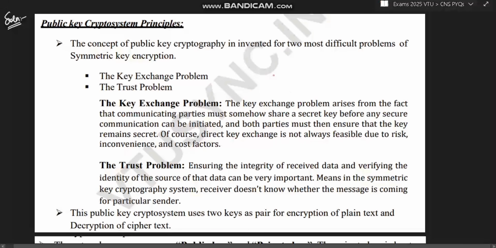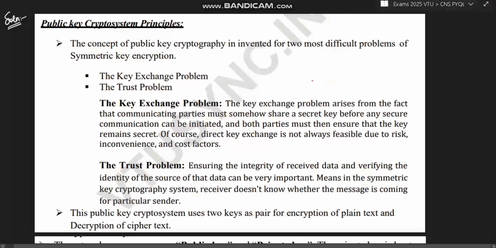See, if there is a box with a key, and the box has to be shifted from here to here. What if the box itself has the key in it, and we give this box and key to a traveler? The traveler will travel and give it to the receiver, but there is a chance that the traveler can open it in the middle of the path, hack it and leak the information.